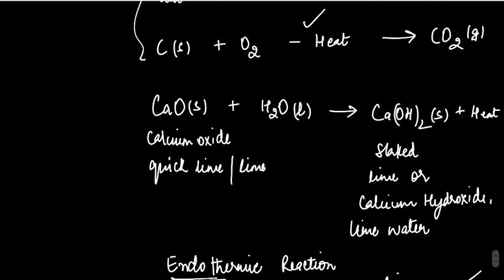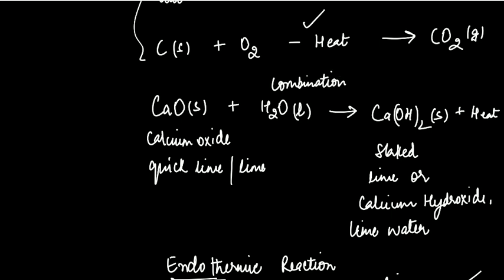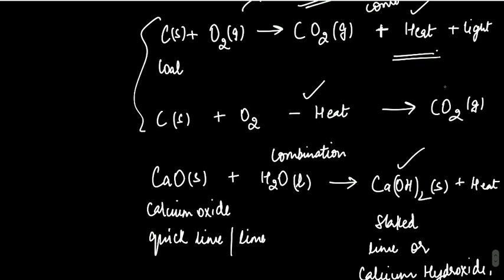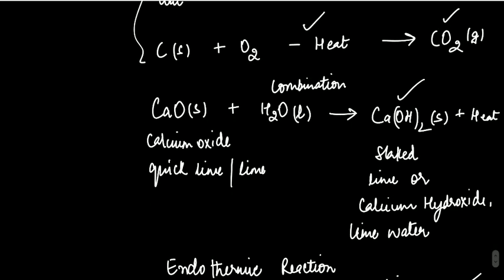Similarly, now this is also a type of combination reaction. I'll explain combination reaction in a couple of minutes. So combination is when you combine two or more reactants to give you a single product. In the above case also, we are getting a single product, that is only carbon dioxide. In this also, we are getting only one product, calcium hydroxide. So it's a combination reaction, it's a redox reaction, and it's an exothermic reaction.